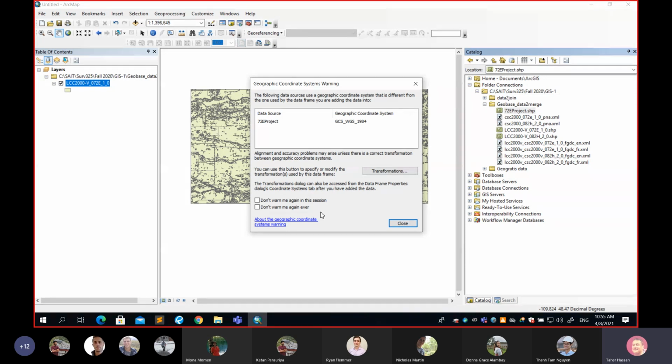I already did, remember, this one here was in geographic coordinates, and it means the coordinate system right now is geographic. And since you are trying to bring in another shape file that has a different coordinate system, the software is warning you. And simply, you cannot do anything about it. All you can say is close.